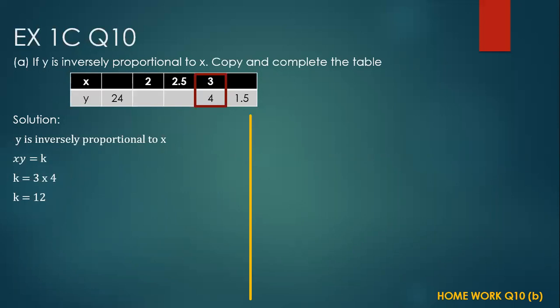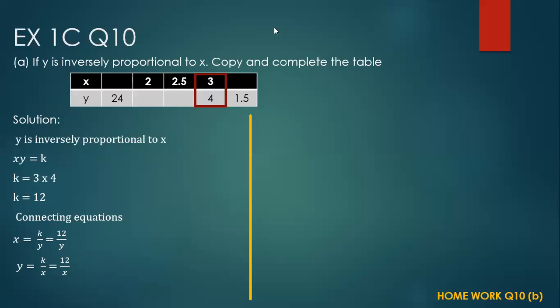And now from here, we are going to make two connecting equations, one for x and one for y. So for x, the connecting equation will be k upon y, replace k with 12. So in order to find the value of x, we are going to use the connecting equation 12 upon y. And to find the value of y, we are going to use this connecting equation 12 upon x.